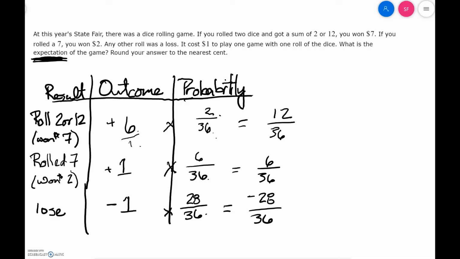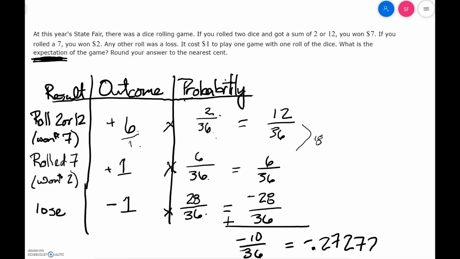Now remember, when adding and subtracting like denominators, you just add and subtract the numerators. So these two come up to 18, and then with my negative 28, if I add all these together, I get negative 10 out of 36. So now I'm going to have to go to my calculator. Once I plug that into my calculator, remember this is just a division, I get negative 0.272727, and so on and so forth.